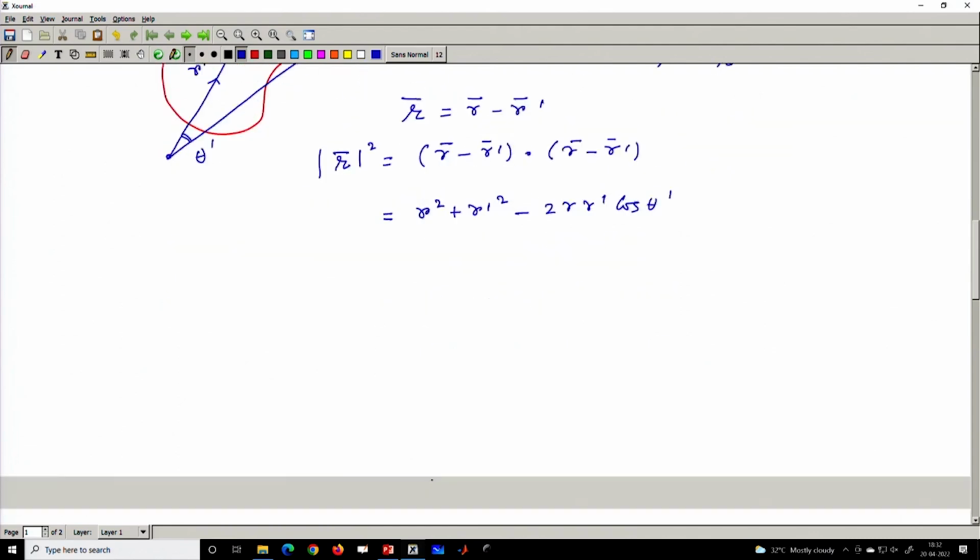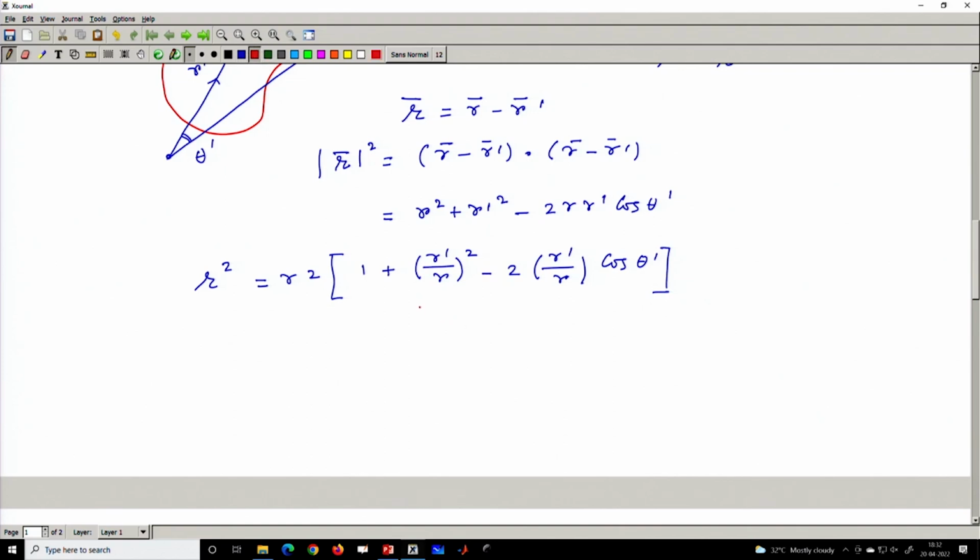Taking r square common, I can write this as r square times 1 plus r prime divided by r, squared, minus 2 r prime divided by r cos theta prime.